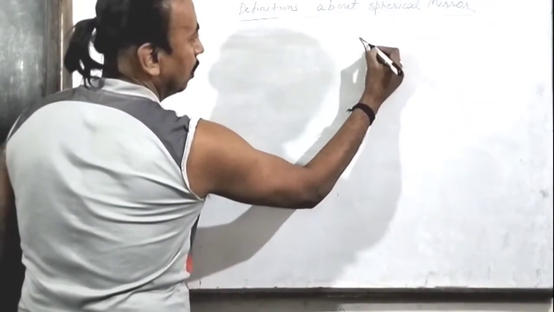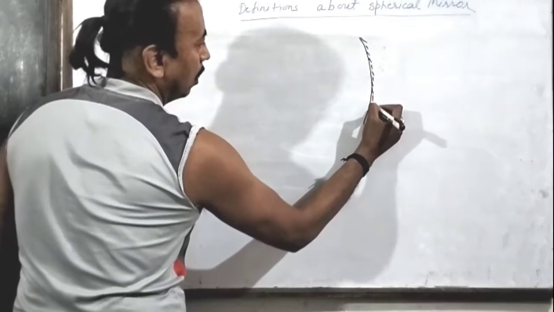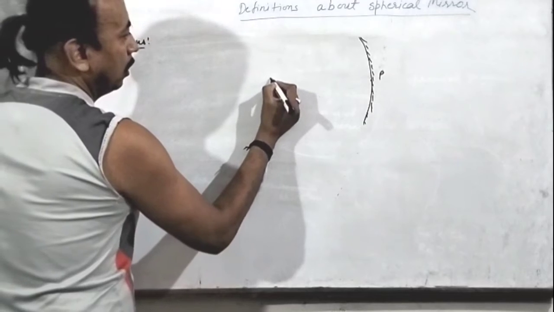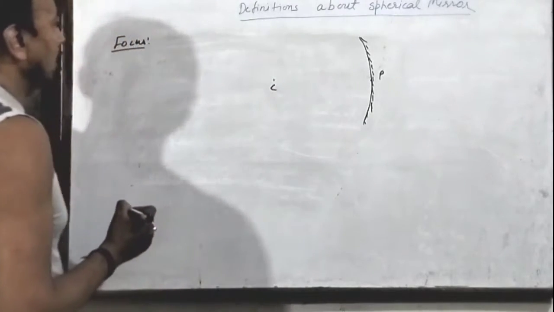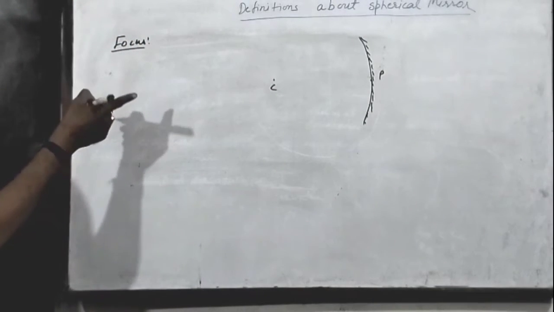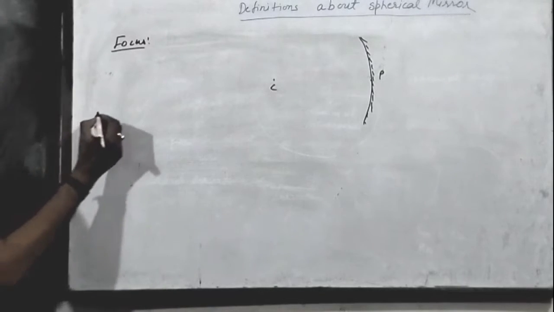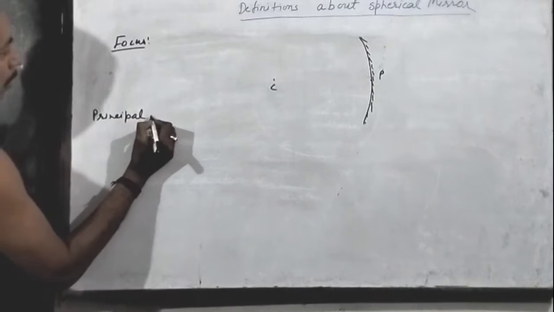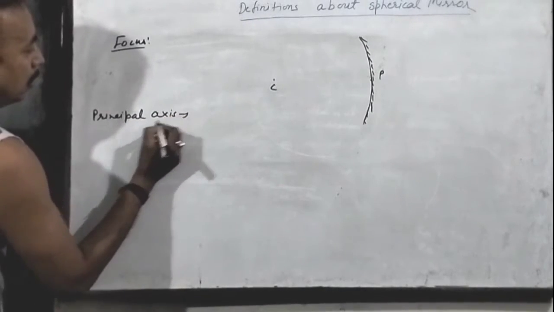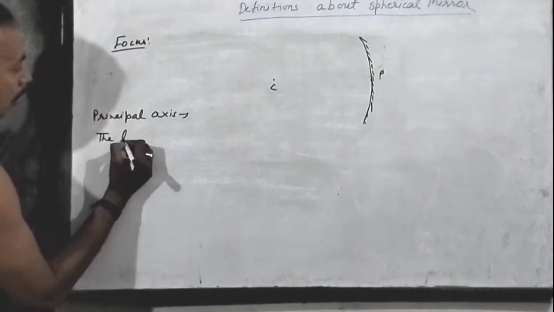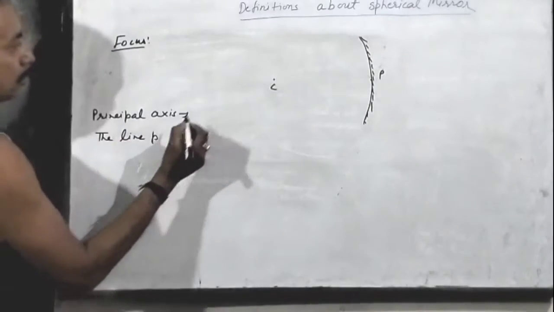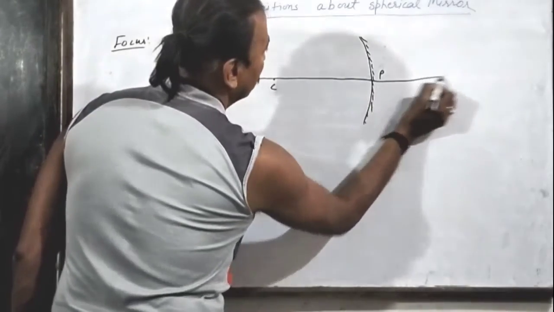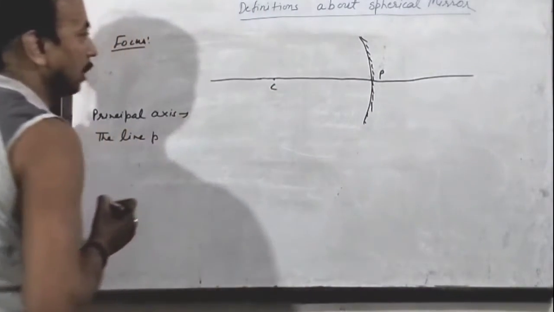Suppose this is a concave mirror, this is the pole, and this is the center of curvature. One more definition must come before focus, that is principal axis. The line passing through C and P, दोनों से पास होता हुआ जो लाइन होगा इसे हम प्रिंसिपल एक्सिस कहते हैं.